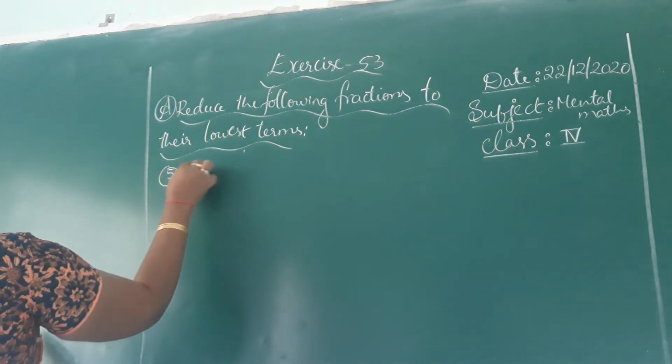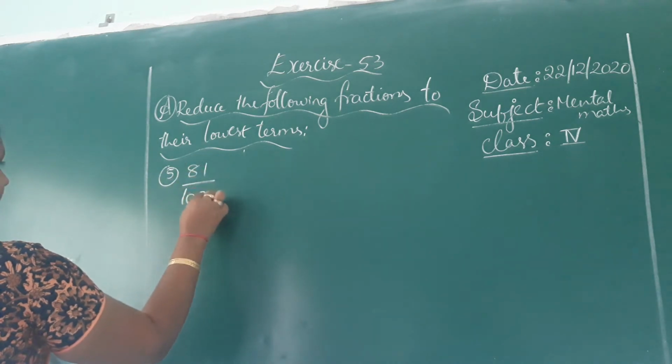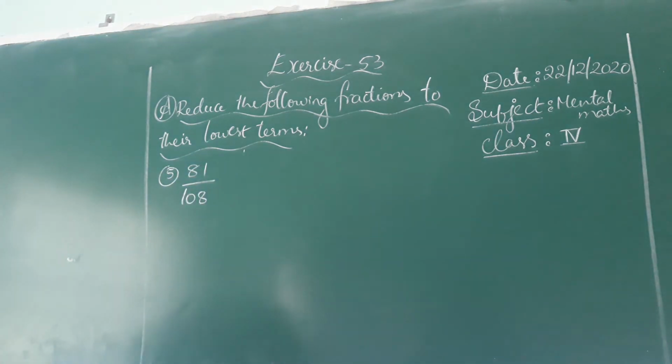Fifth one, 81 by 108. Children, you know very well, in the 9 table you can see 9 nines are 81, and in the 9 table there is a chance of cancellation for 108 also.